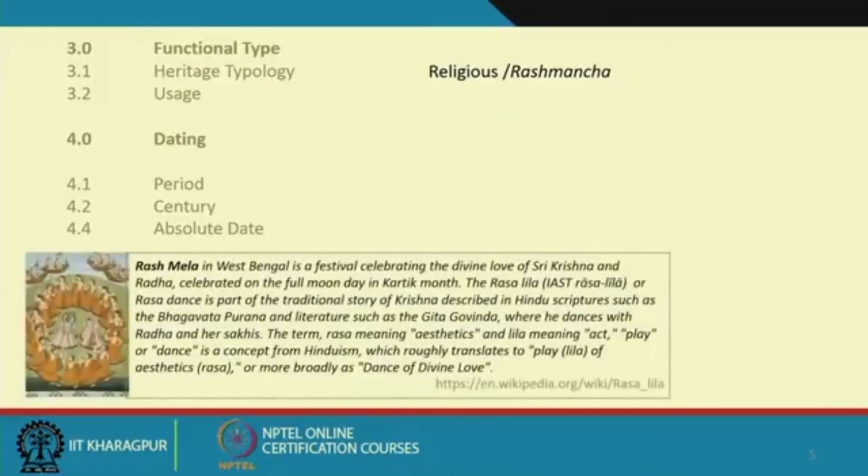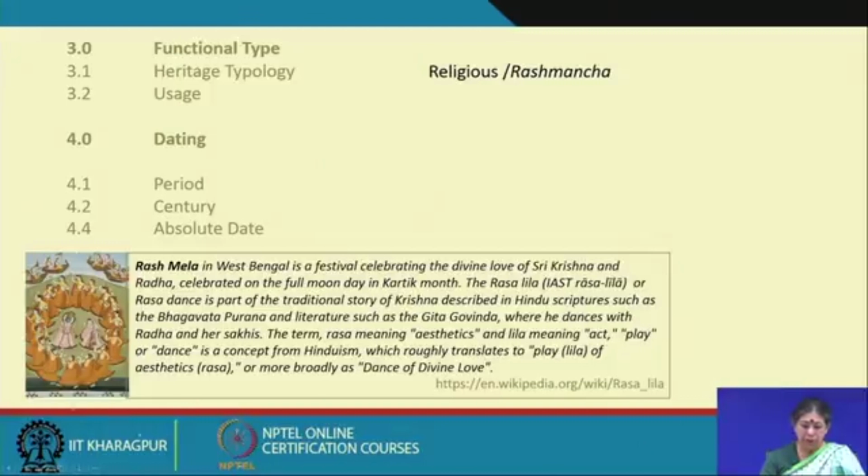Like in this case the heritage typology is religious broadly, and then Rashmansha. And as you can see, we have also put documentation along with that, what is Rashmansha and what is the significance of that Rashmansha. As I say, it is from Wikipedia; mentioning the source is very important. There can be many other historic documents or authentic sources.